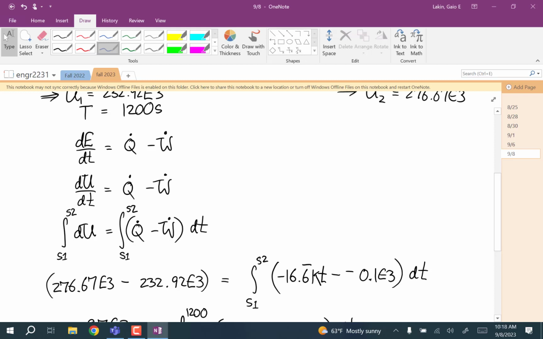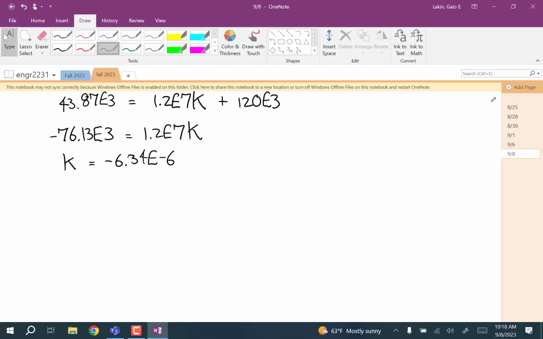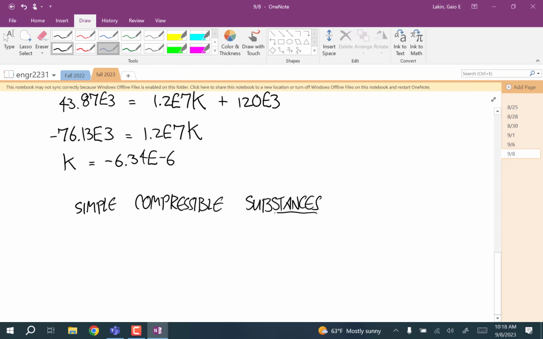Okay, so the next thing we're going to talk about is simple compressible substances, which is basically what we know about the kind of materials that we're going to be dealing with in this class always. This is every material that we're going to deal with in this class.